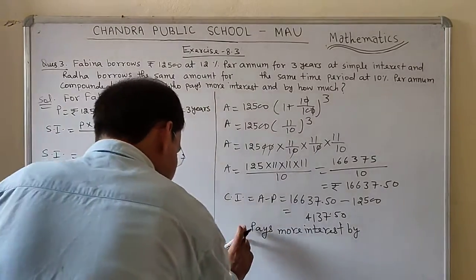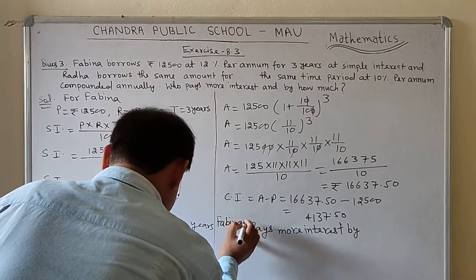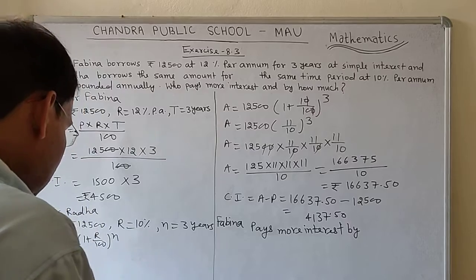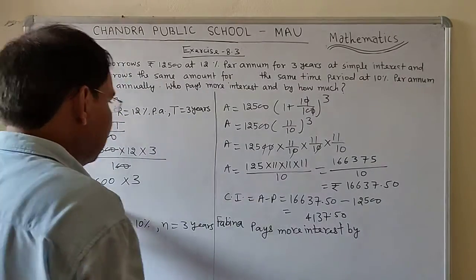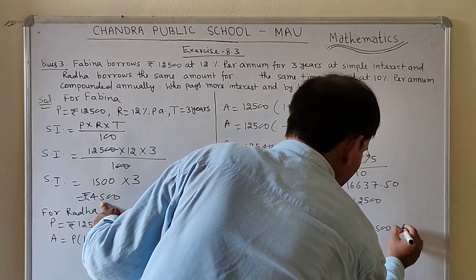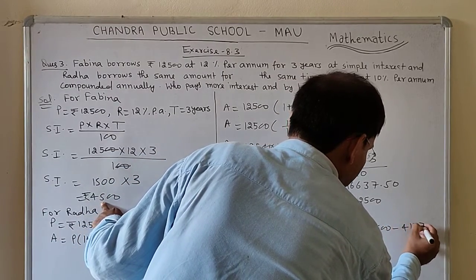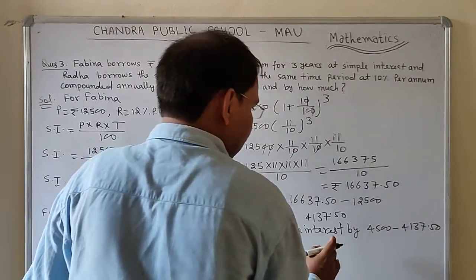So here you will write Fabina. I had written Radha by mistake, but it will be Fabina. Fabina pays more interest by, and by how much, that will be 4,500 minus 4,137.50. So that you need to find.